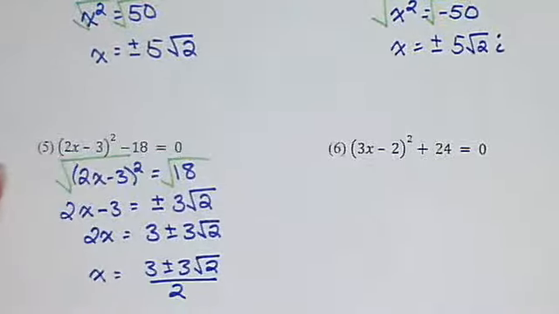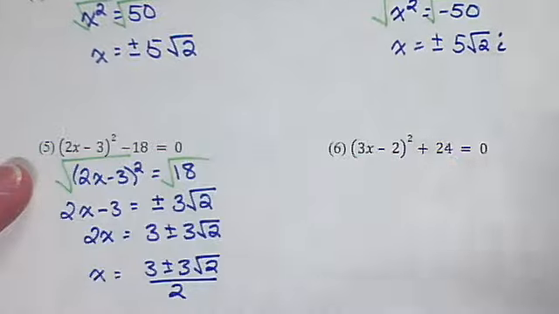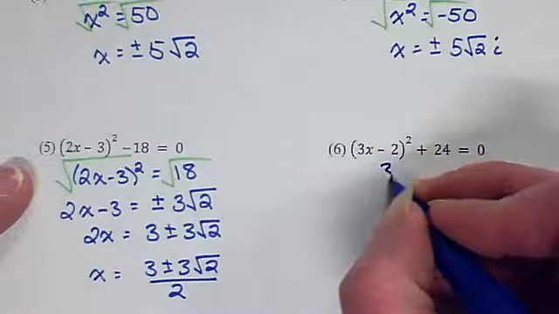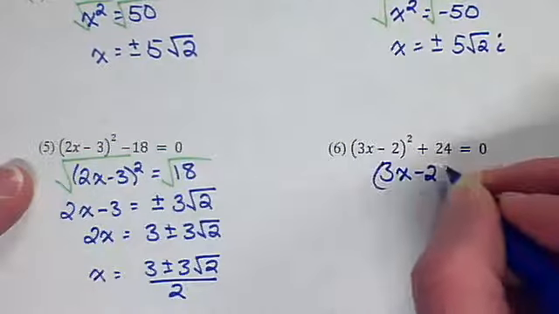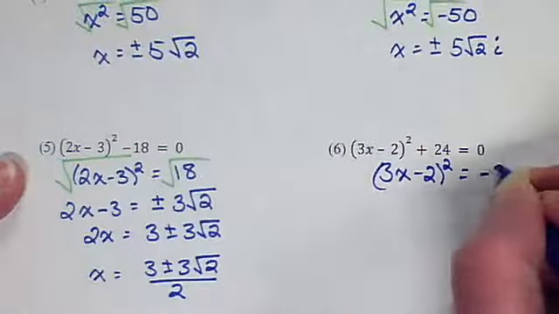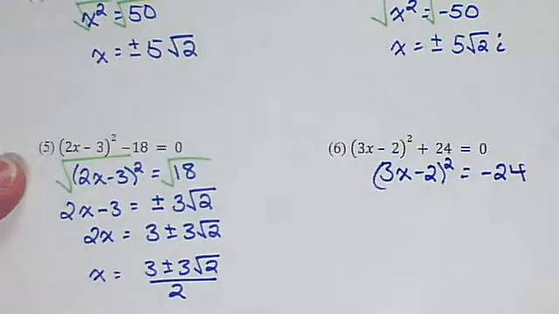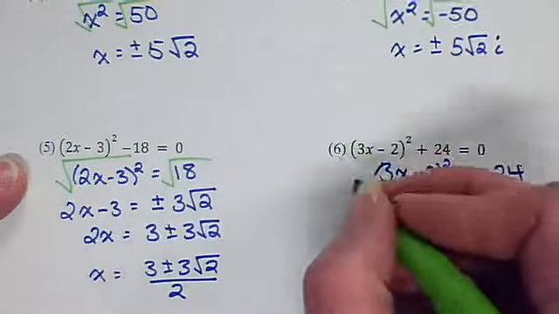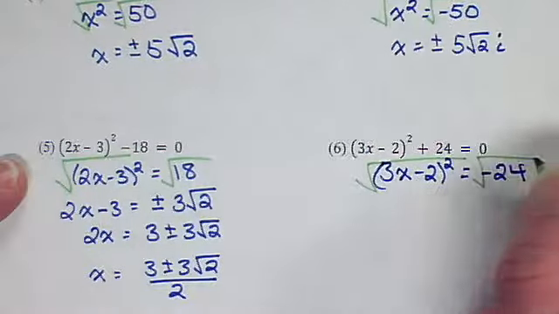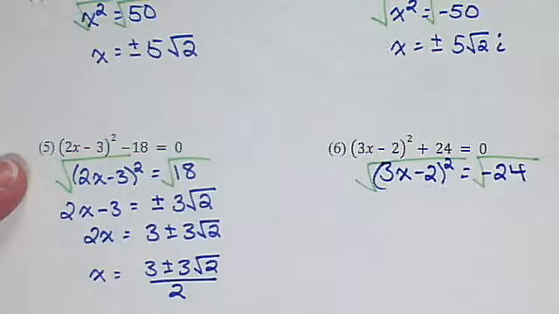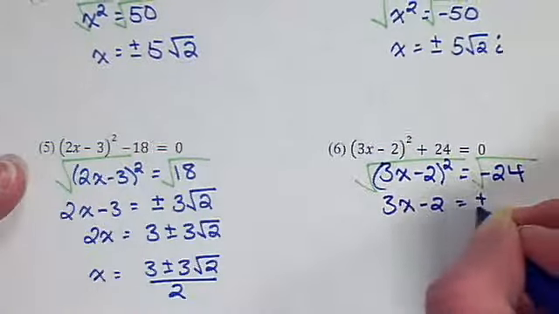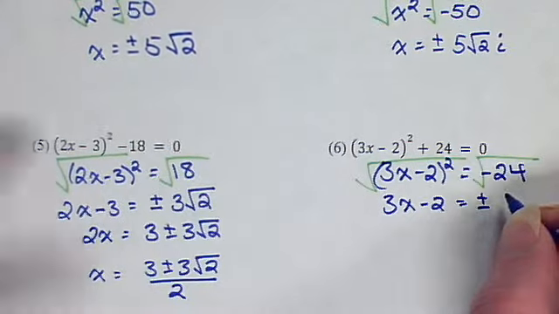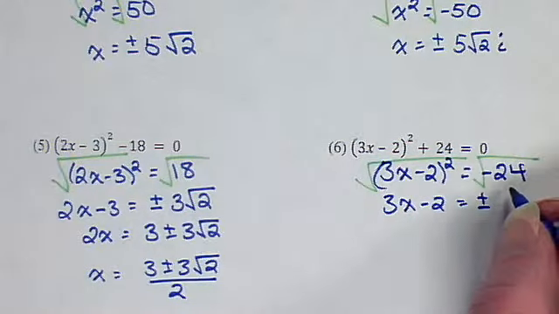Let's try that same technique over here. But here I'm going to have to subtract the 24. So that's going to be a negative 24. I bet I'm going to have an imaginary answer because I'm going to take the square root of both sides. No, I'm going to have two answers, definitely. We're always going to have plus or minus. And then that's going to be 24.